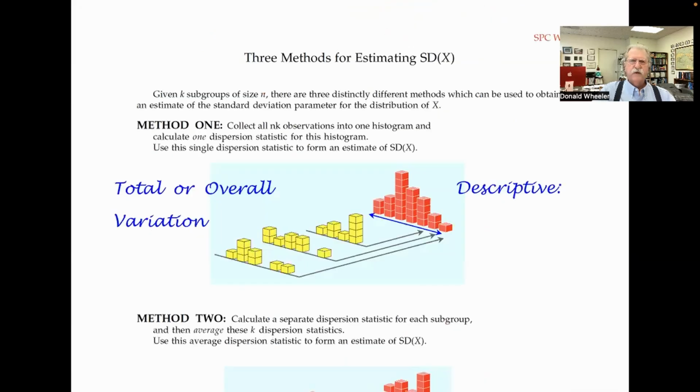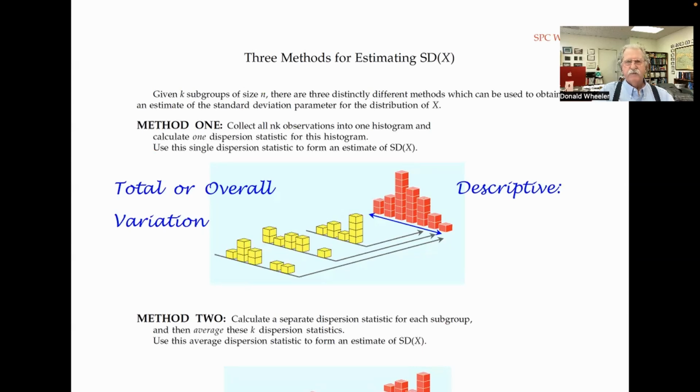Now let's go back to page 28 and write a little bit on the margins of that page. These 3 methods have names. Method 1 is called the total or overall variation. It is descriptive.